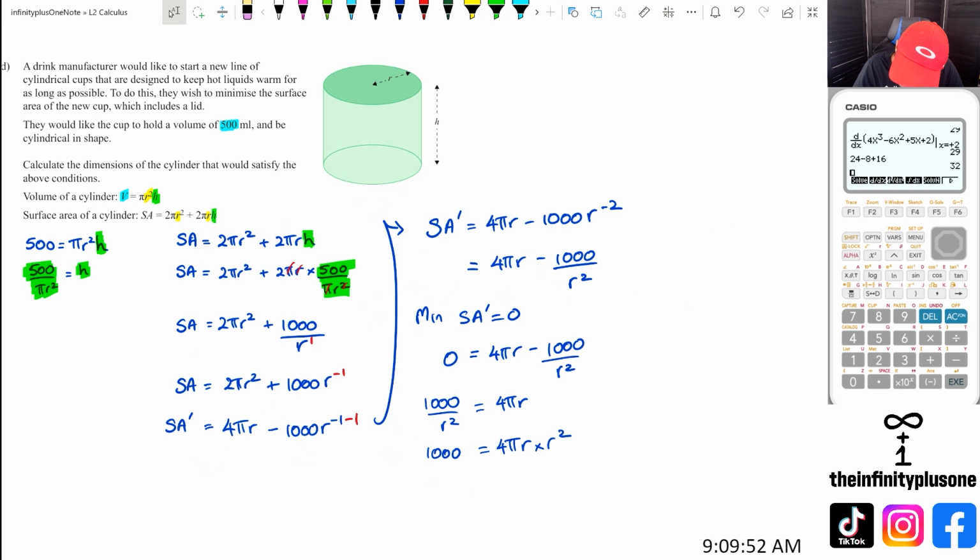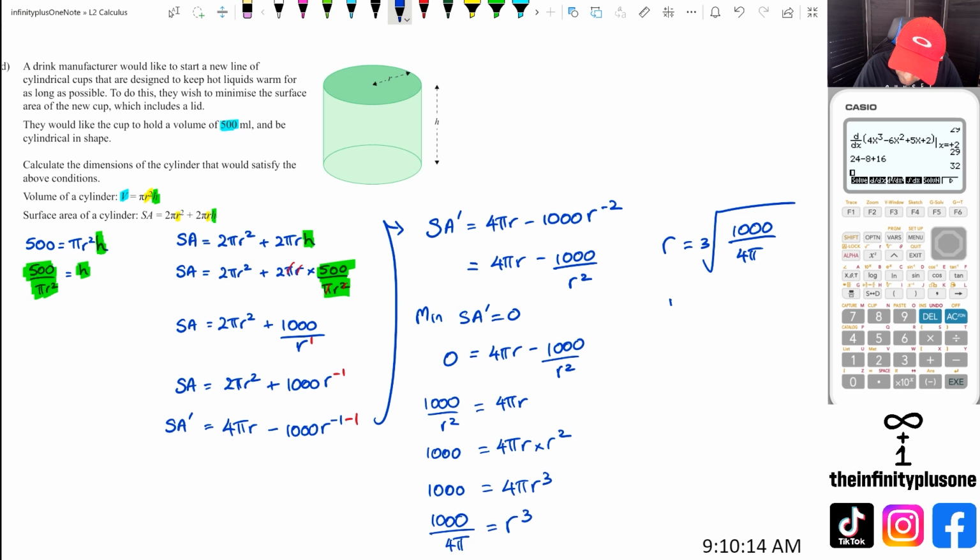Running out of room here. So I'm going to get 1000 equals 4 pi r cubed. Get rid of the 4 pi to the other side. So I'm going to get 1000 divided by 4 pi equals r cubed. So then r is equal to the cube root of 1000 over 4 pi.